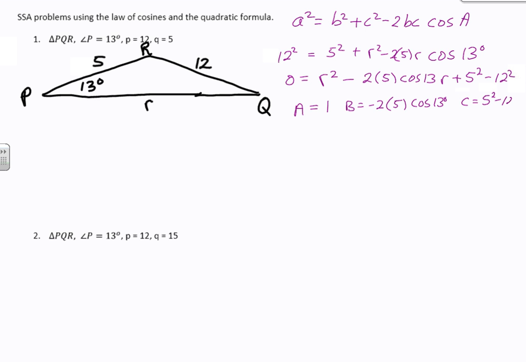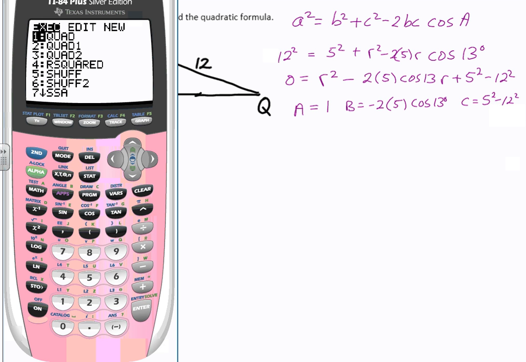And notice I'm not multiplying these things out. I'm not figuring out what 5 squared minus 12 squared is because I don't really care about that so much. So now I grab my calculator and I go to the programs and I choose this quadratic program that we just programmed in. And when it asks me for A, I put in 1.